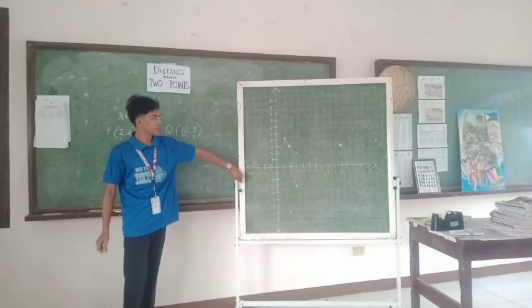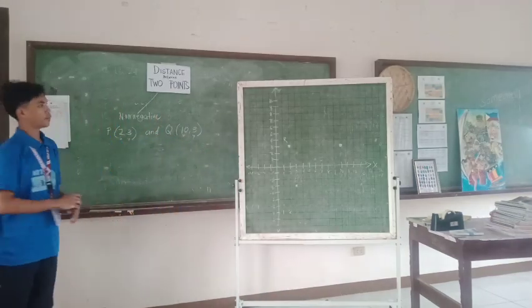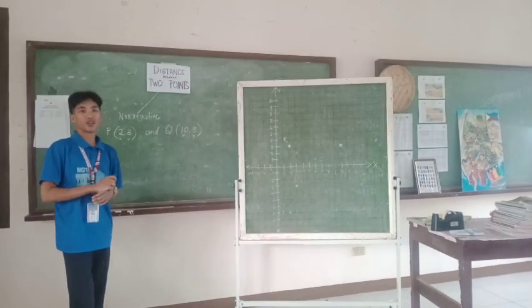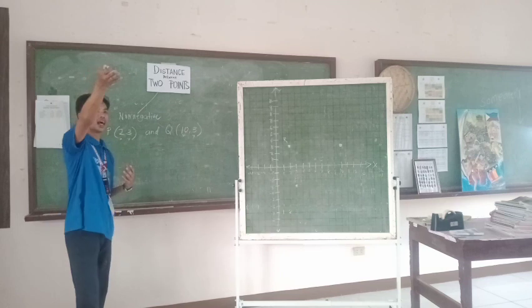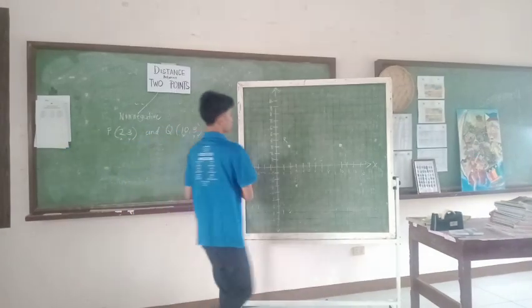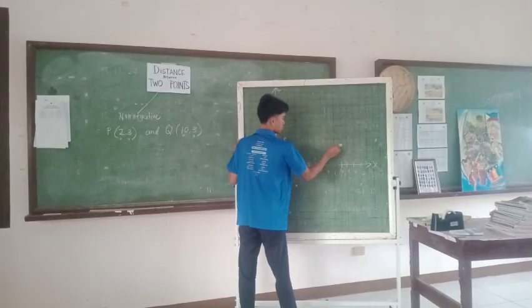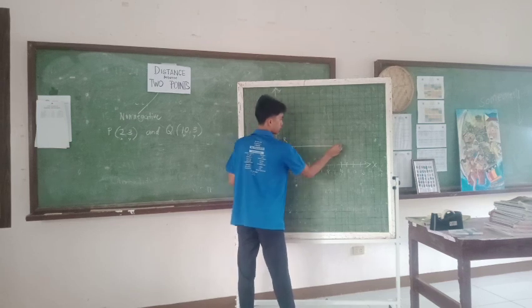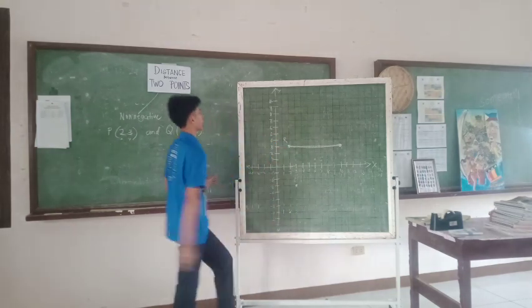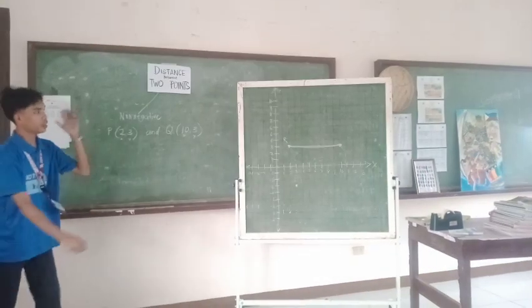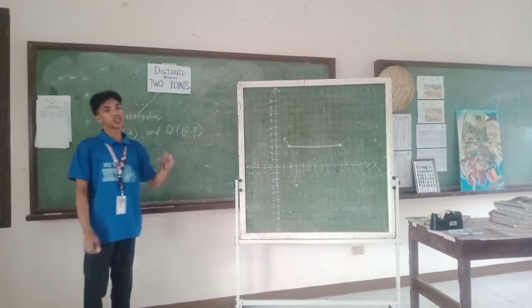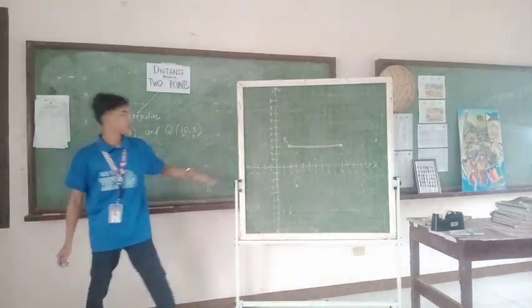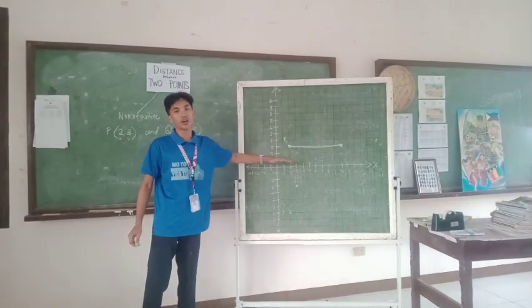So who can tell me about their distance? Is it horizontal or vertical? Yes, Danica. Yes, very good. It's a horizontal line. To determine their absolute value, consider the 2 points that align horizontally or vertically on the coordinate plane.